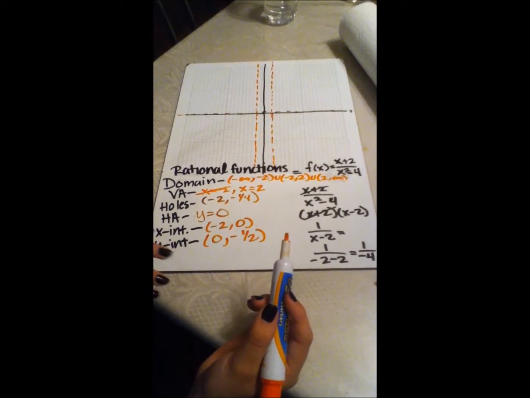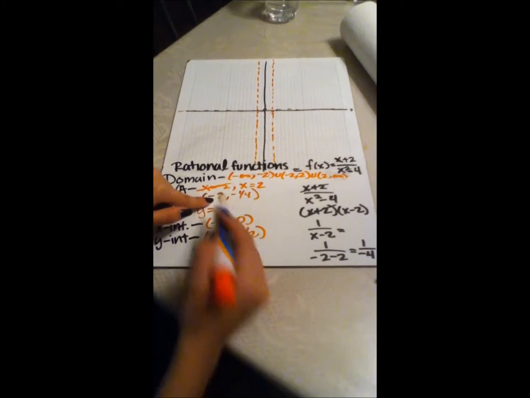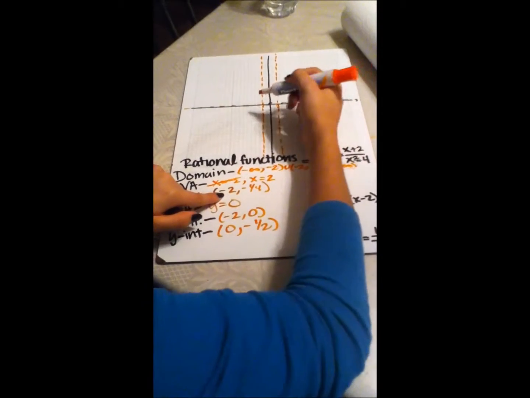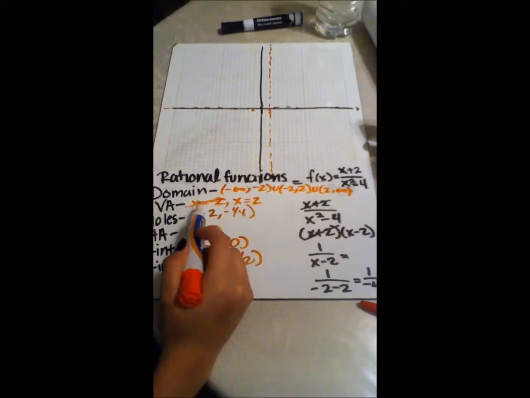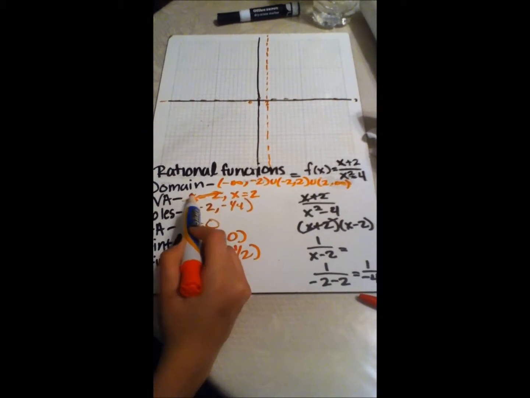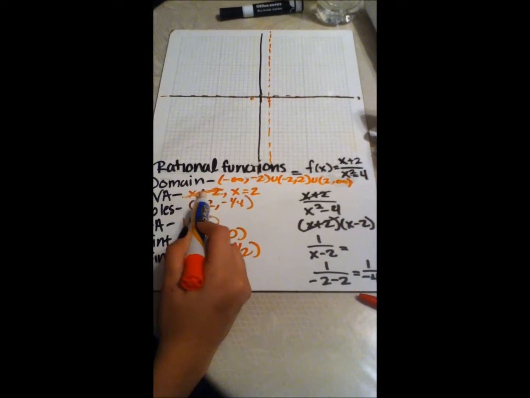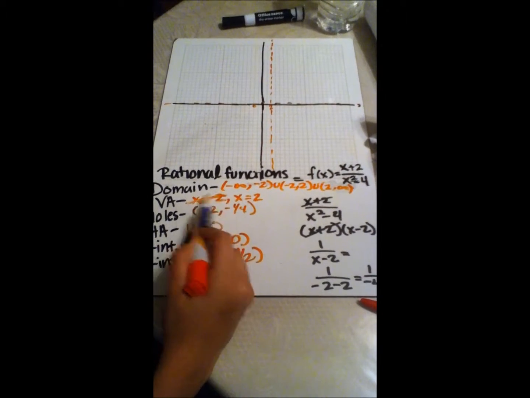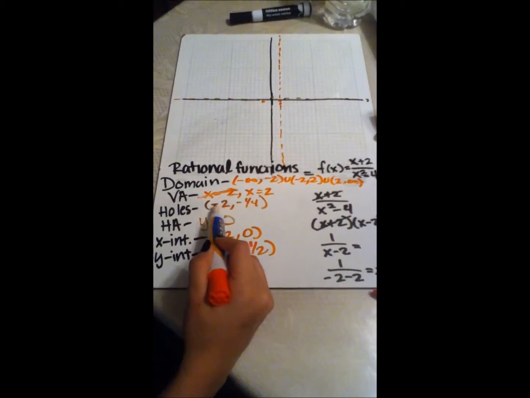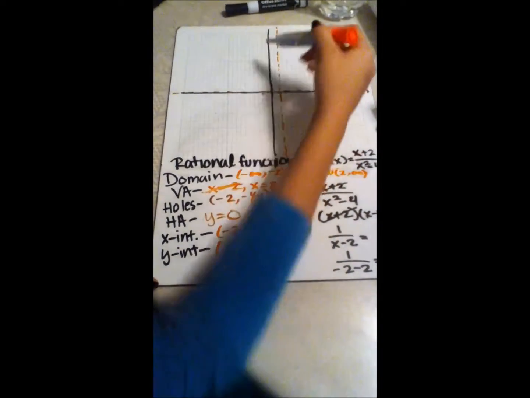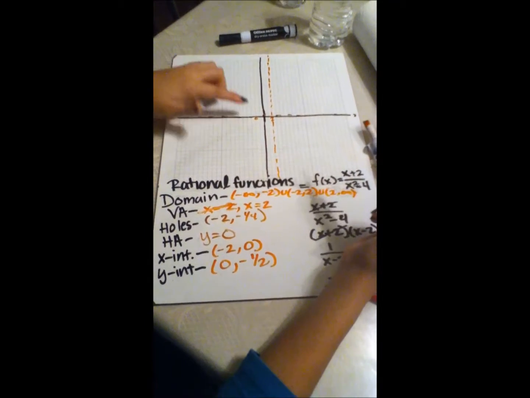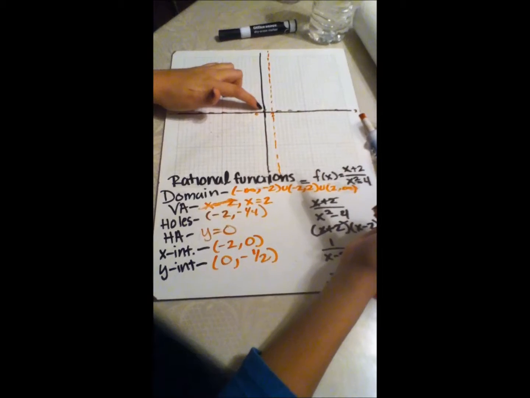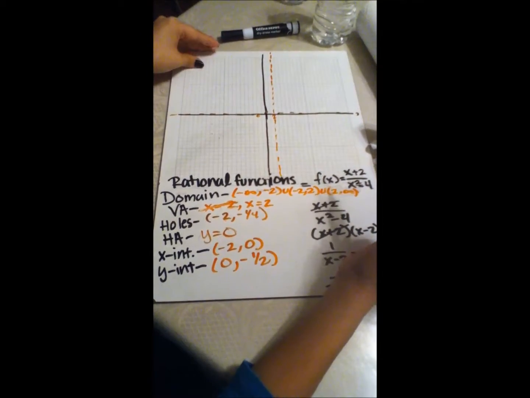Your hole will be at negative 2 and negative 1/4, which will be right here. So you take out x equals negative 2 for the fact that your hole is at negative 2. As you can see, we took it out. So now you have your hole and your y-intercept.